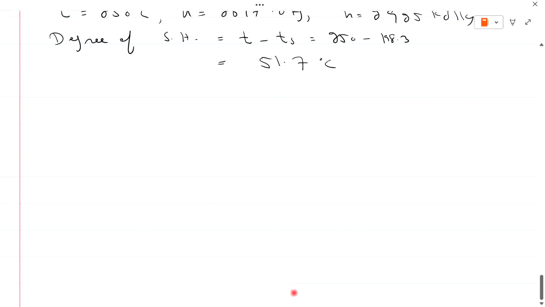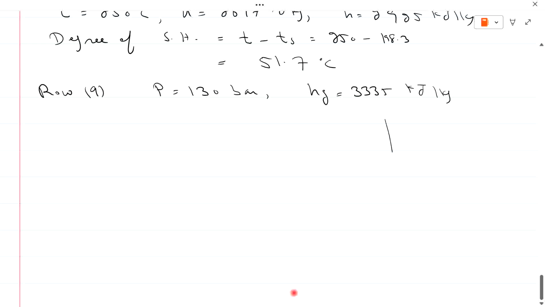Row number 9. Pressure is given as 130 bar and specific enthalpy is given as 3335 kilojoule per kg.